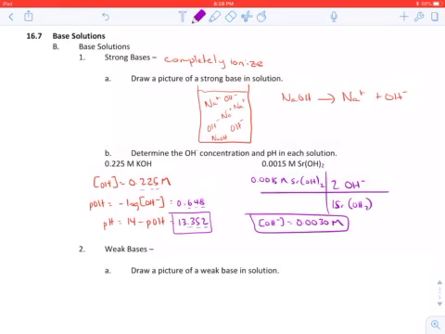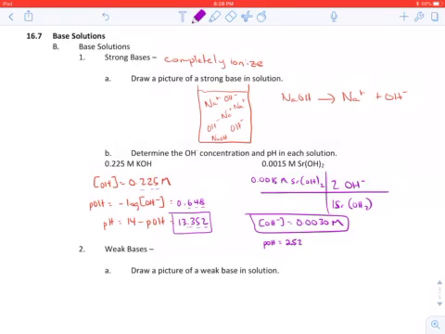The second question then says we're supposed to find the pH. We're going to find it exactly the same way we did there. Take the negative log of that. So we've got the negative log of 0.003. That gives us a pOH of 2.52 with appropriate sig figs.